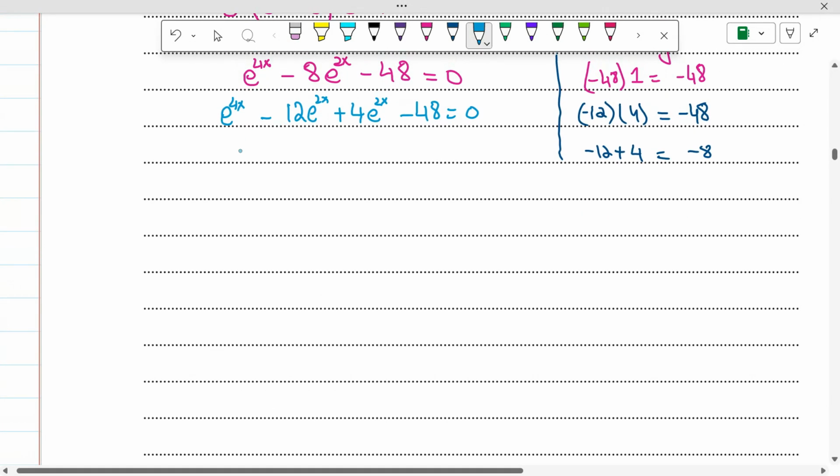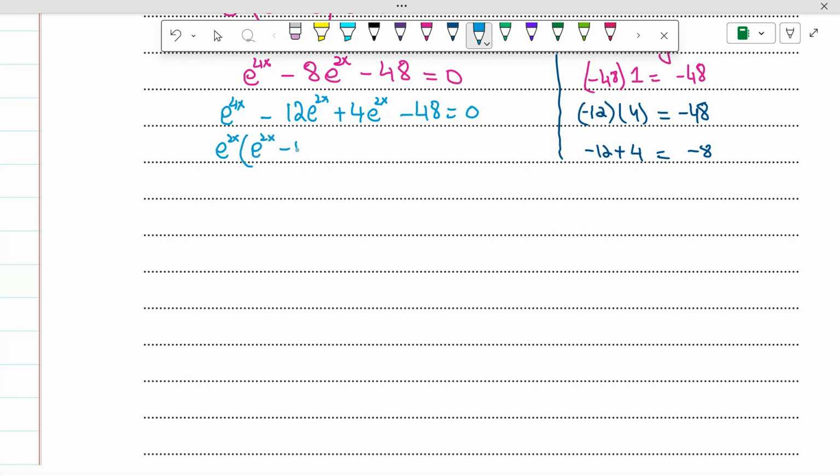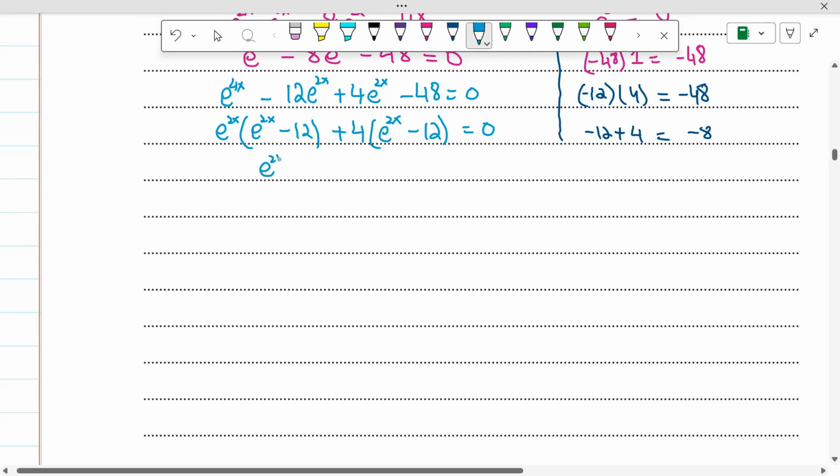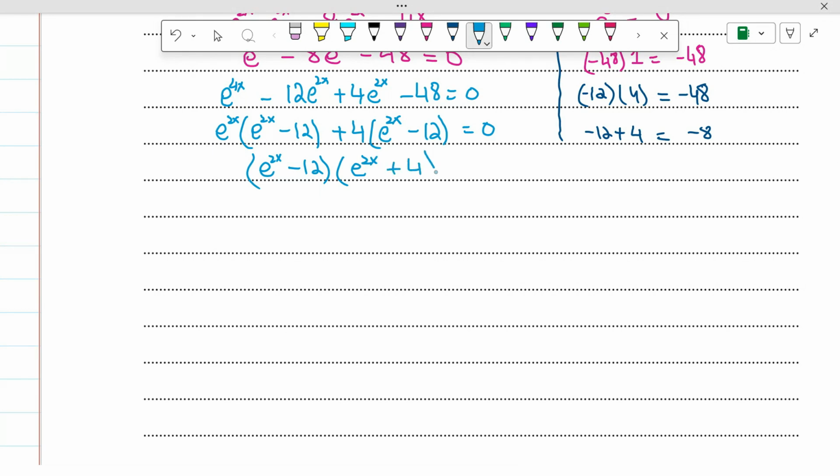Taking e^(2x) common, we get e^(2x) minus 12. Taking plus 4 common, we have e^(2x) minus 12 equal to 0. So this is equal to (e^(2x) minus 12) times (e^(2x) plus 4) equal to 0.